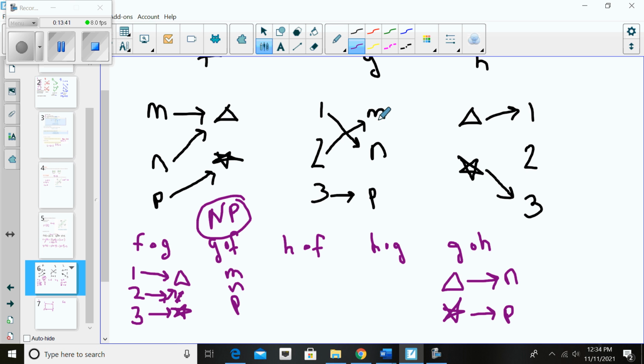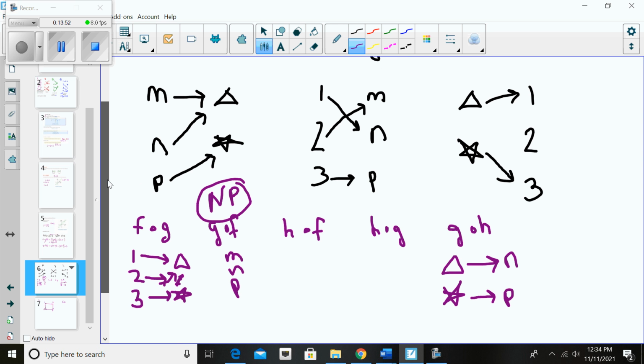Nothing maps to M in this case. That's okay, this is still a function. It's just not onto. So you try the next 2 and pause the video, and then I'll fill in the answers.